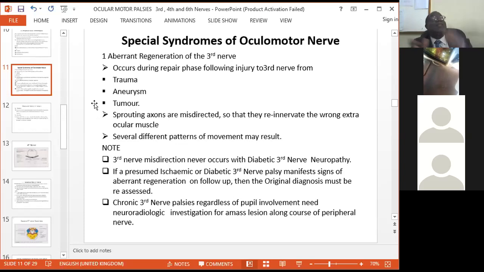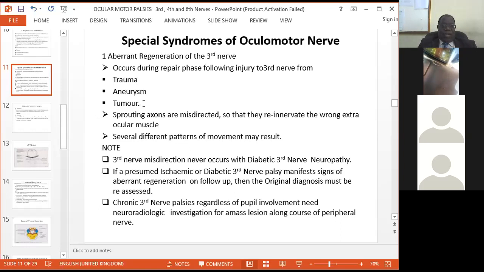Instead of looking medially, you find the eyeball is also trying to look up. It means the patient must have had trauma, which injured the nerves, but in regenerating, they go and innervate another muscle. That's the meaning of aberrant regeneration, not the normal regeneration to innervate the correct muscle.